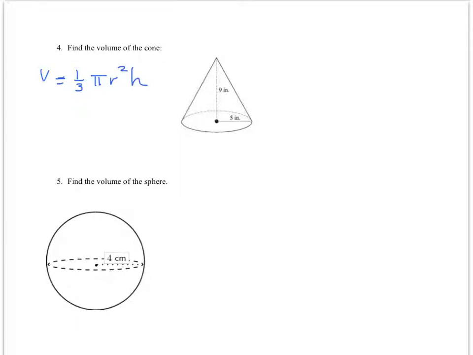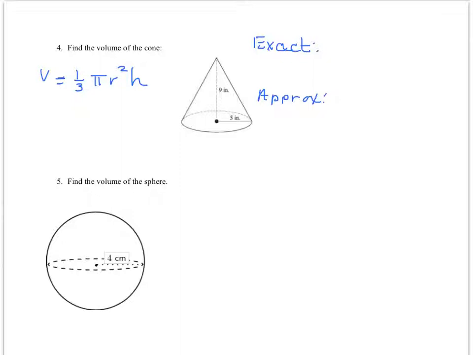So again, here I would really like to do the exact and approximate, just for fun. The exact leaves pi in, and the approximate approximates pi either by 22/7, depending on what the question's asking for, or 3.14.